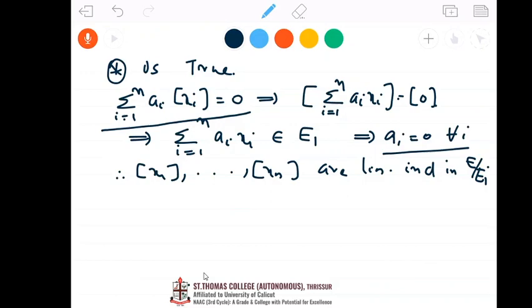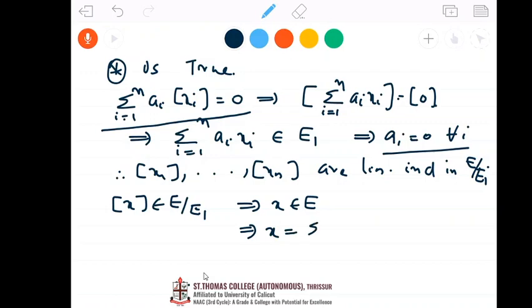Suppose class x is in E over E1. Then we know that this x is an element of E. And by our assumption star, this x can be expressed as the summation from i equal to 1 to n of ai xi plus y, where the ai's are scalars and y is an element of E1. If x can be expressed in this way, what about class of x?